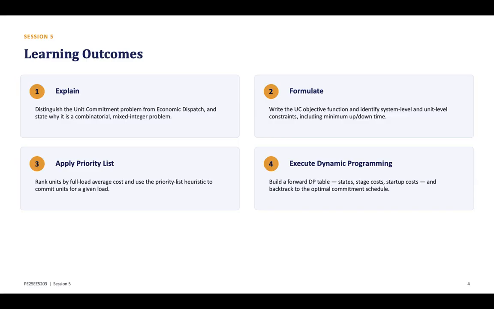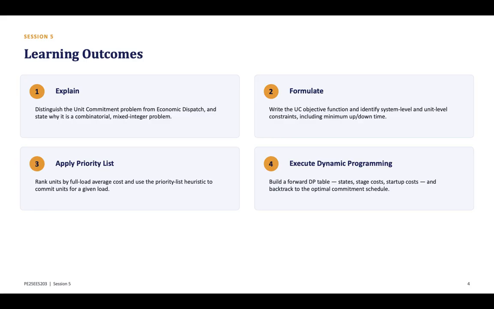So the important point is that the final outcome is not simply the ability to memorize a recurrence equation. A dynamic programming solution is meaningful only when the state definition, feasible state screening, production cost, transition cost, and backtracking logic are all understood. A numerical table without the correct state interpretation can easily produce a plausible looking but physically infeasible schedule.